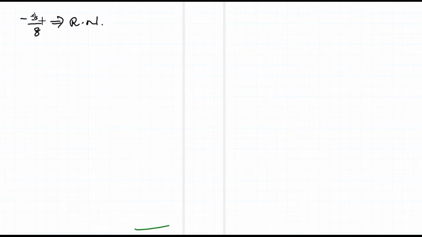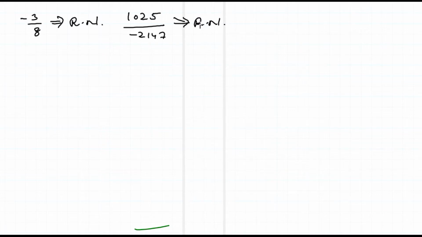Minus does not prevent the number from being rational. The only condition is that the denominator should never be 0. If I write 102 upon minus 2147, it is also a rational number.